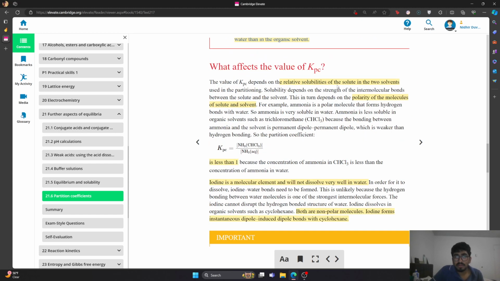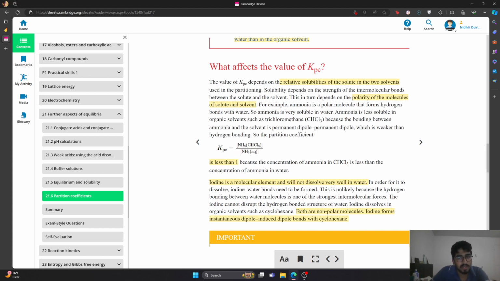And so solubility of that solute, it's called a solute. The relative solubility is what determines this value of Kc, as we talked about. Again, it is dependent on the polarity. So iodine, which is a molecule, will not dissolve very well in water because iodine itself is non-polar. It is I2, it's symmetric, so the dipole moments cancel each other out.